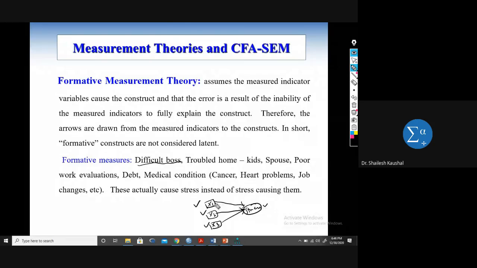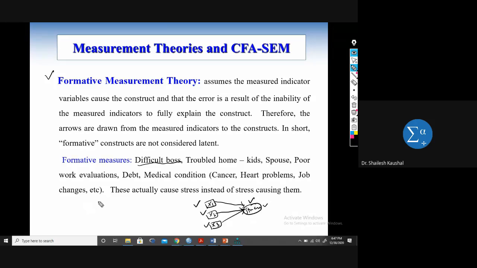So now the arrow is from these to this, because stress is now the dependent variable, and these 3 or 4 or 5 variables are influencing this stress. So this is the formative measurement model.